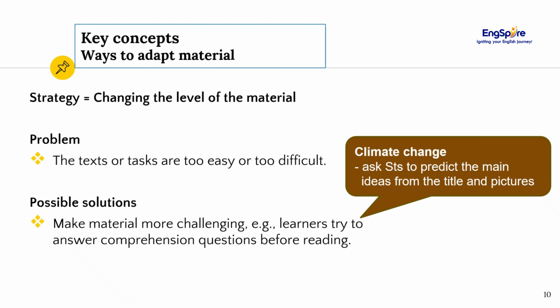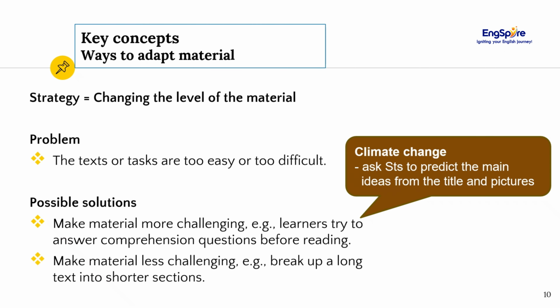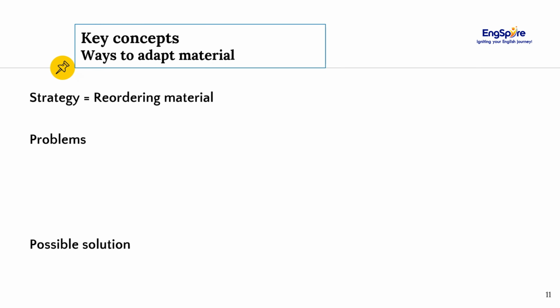This requires more thinking. To make material easier, you can simplify instructions or provide vocabulary support or divide a large task into smaller steps. For example, if students have to read a long article, you can divide it into 3 shorter sections and check understanding after each part.